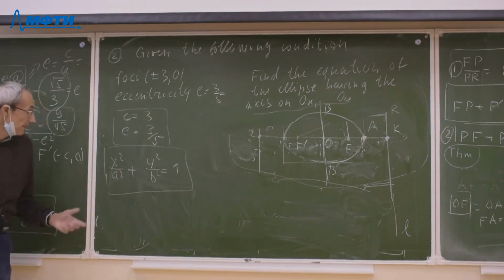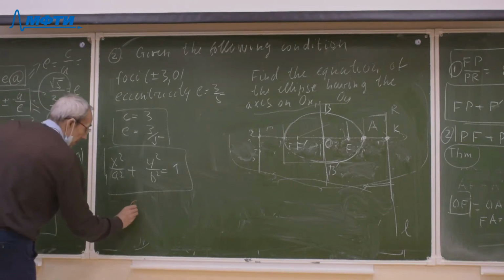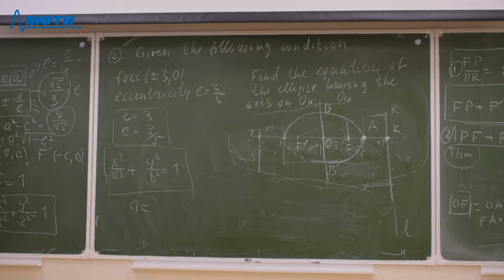How to find these values for a and b? Then we calculate a. a is equal to what? c over e. Yeah. We have the following relation: c is equal to e times a.